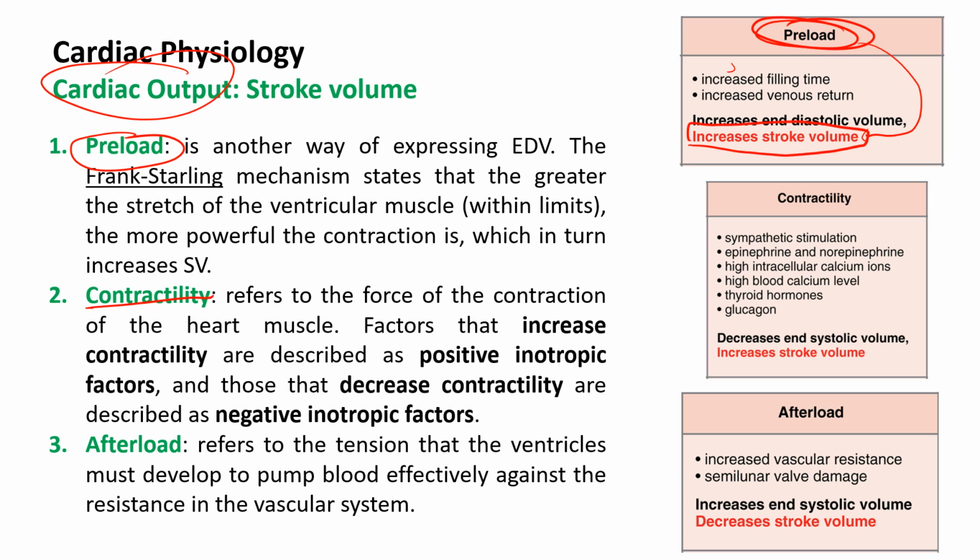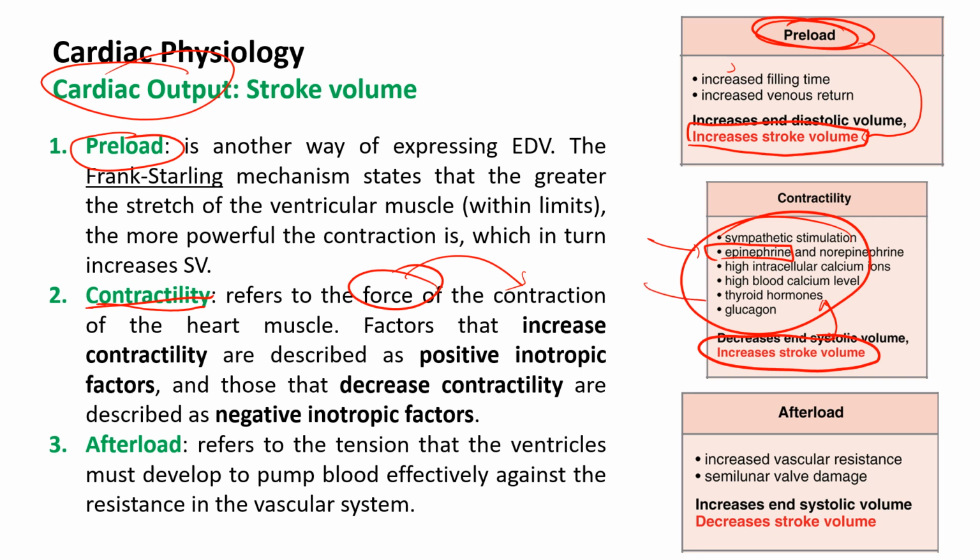Contractility is again the force of contractions. If you have a stimulus that makes your heart squeeze harder, the stroke volume will of course increase. Those are examples of chemicals that increase the contractility. Epinephrine, which is adrenaline, makes sense, right? But then there are other things like hormones and so on.